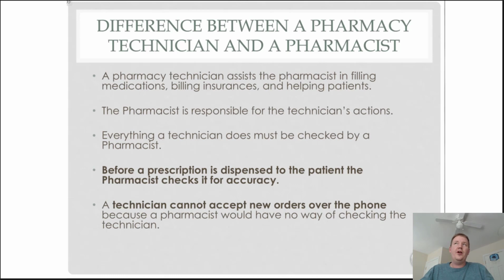So it would be improper for a technician to do anything that a pharmacist could not check. Meaning, if a doctor called in a new order, the technician could not take that new order because the pharmacist would have no way of checking that the pharmacy technician wrote down everything correctly.